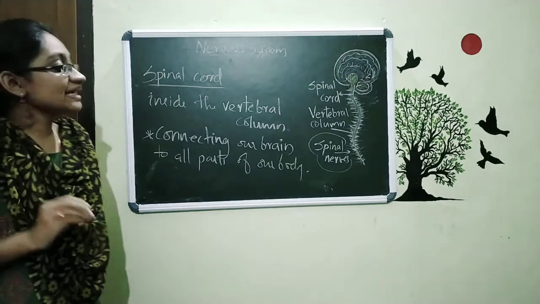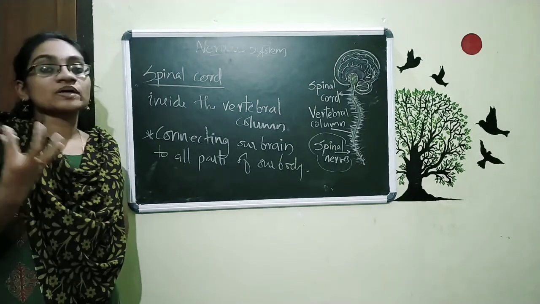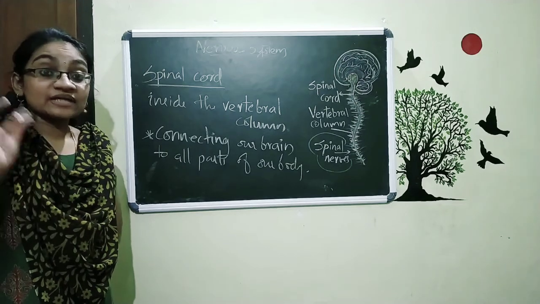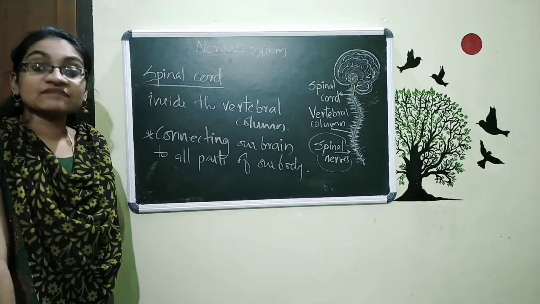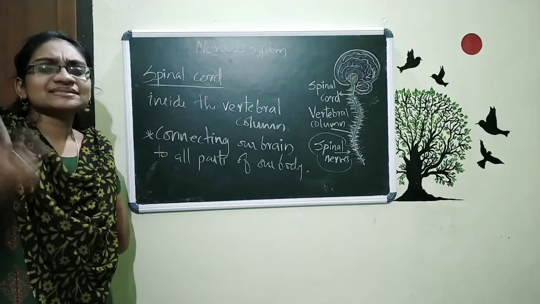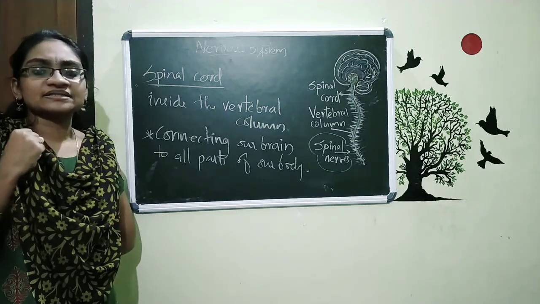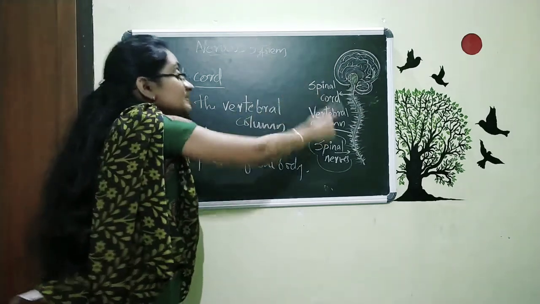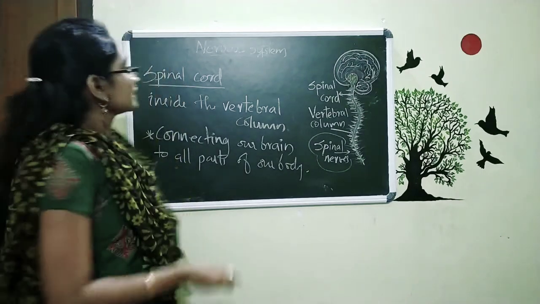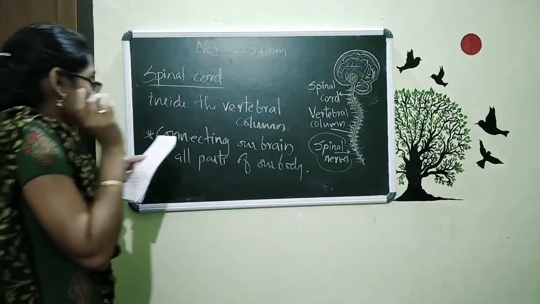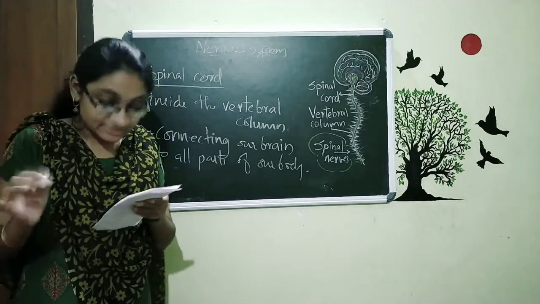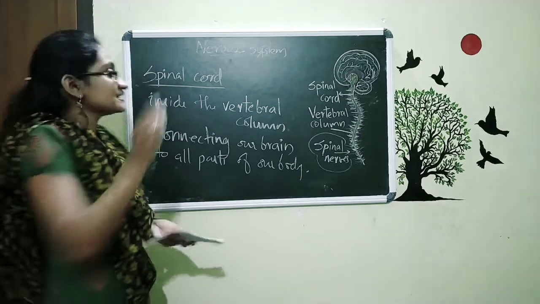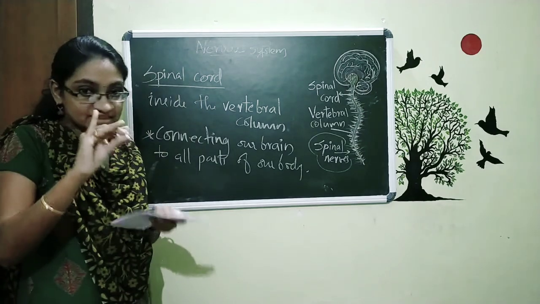We already said that the brain controls all the organs and parts in our body. That means we can control our fingers and our legs. How are these fingers and the brain connected? They are connected with nerves, and the spinal cord also has a role. So the spinal cord is a thick bundle of nerves that connects the brain with all parts of our body. That is the definition of spinal cord. You have to study this.